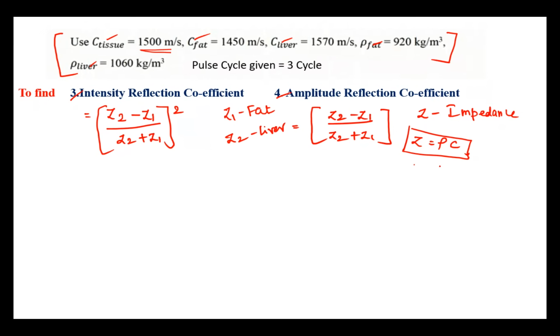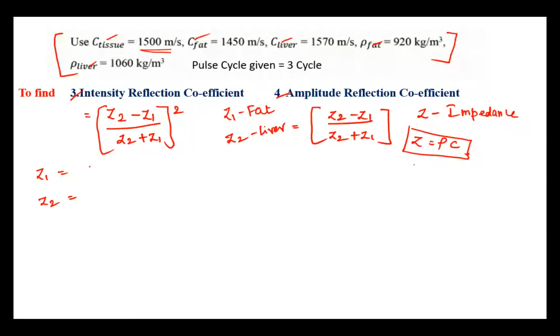What is Z1 and what is Z2? At least you tell me. Just multiply. Z1 is fat. So you take the speed of fat, 1450 meters per second, and the density of fat is 920. You just multiply it and give the answer. No unit conversion, just multiply.